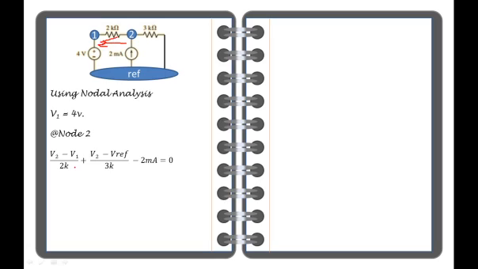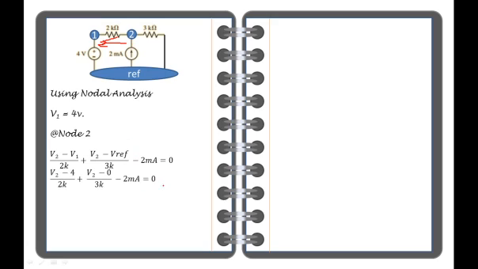The equation will become (V2 minus V1) over 2K, plus (V2 minus V reference) over 3K, minus 2 milliamps, since the 2 milliamp current is entering the node, equal to 0.